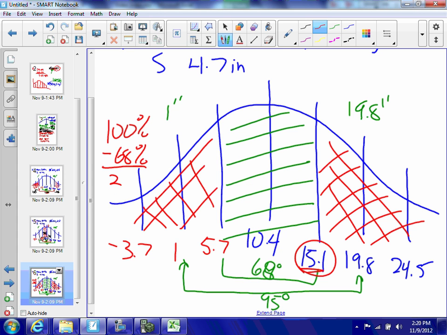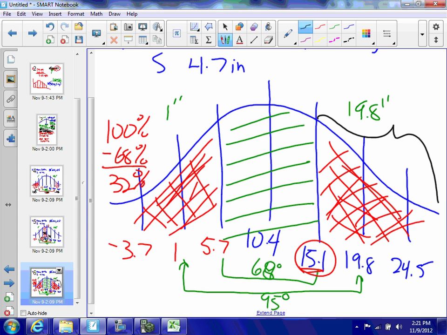So that's 32% between this part of the graph and this part of the graph. But I'm only interested in this part of the graph, which is half of the 32%. So the answer would be approximately 16%. So 16% of trees should be greater than 15.1 inches, or the book says 15 inches.